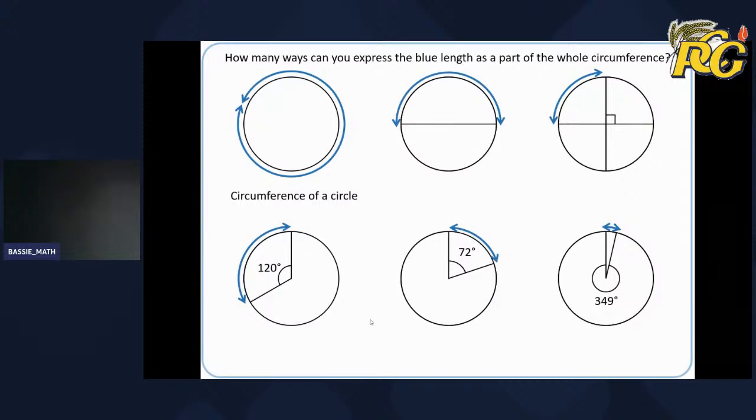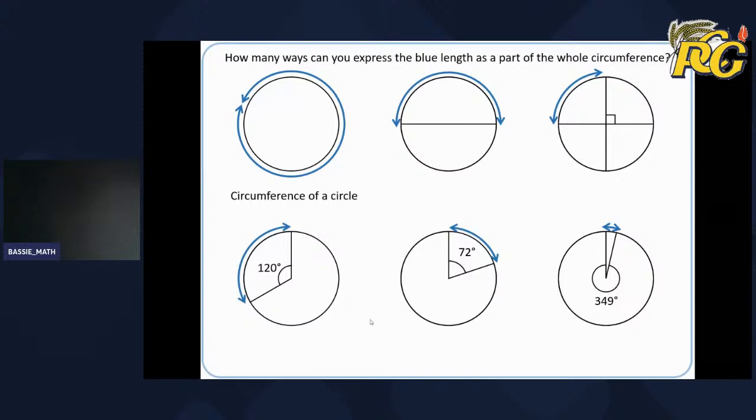A circle is a complete revolution, which is 360. And so if we have just a part of that revolution, then we can create an angle. Arcs create an angle that is less than 360. And so if you make a ratio between those and the 360, you will be able to create that fraction that you need to find the length of the arc.